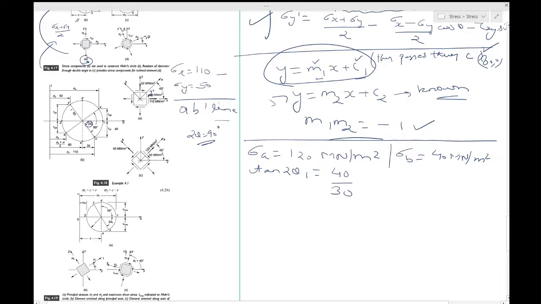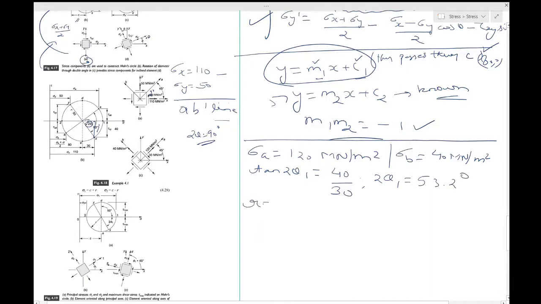This triangle: this is 40, this is 30, so tan 2 theta 1 is 40 by 30, and that gives you 2 theta 1. 2 theta 1 is known, and that comes out to be 53.2 degrees.